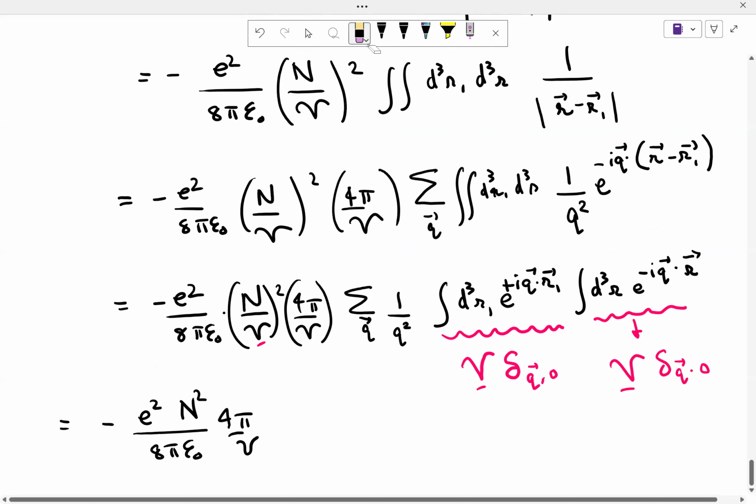We can actually get rid of this 4 pi here. This is with a 2. Minus e square v, 1 over q square, delta q 0 squared. The square of a Kronecker delta function is a Kronecker delta function.